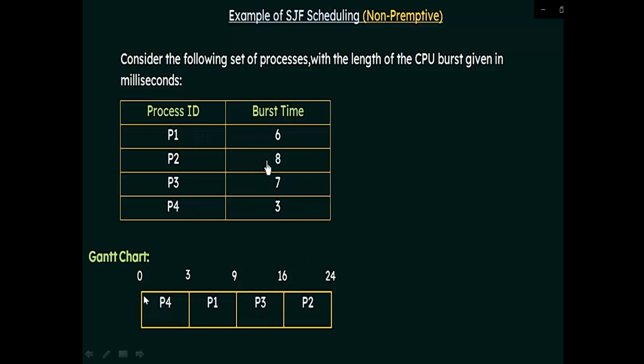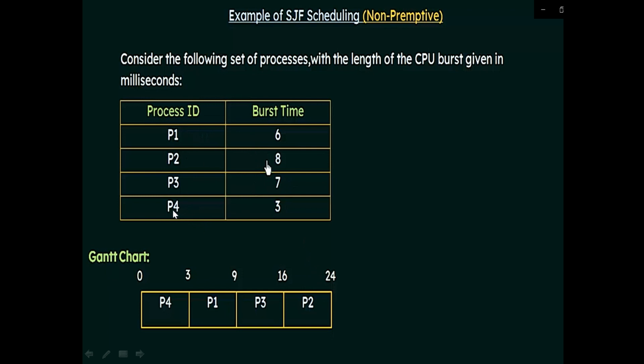So at the 0th unit of time, the CPU is allotted to P4 and the burst time of P4 is 3. So process P4 executes for 3 units of time, and the other processes have greater burst time as compared to P4.